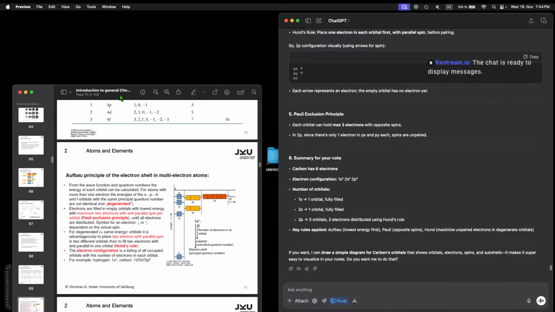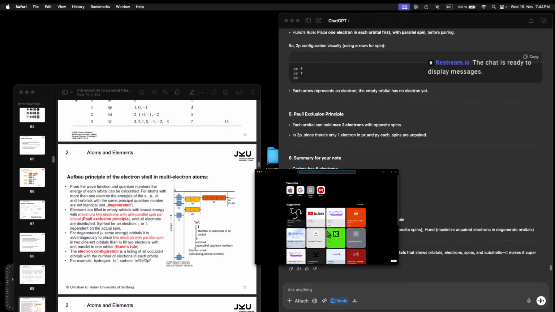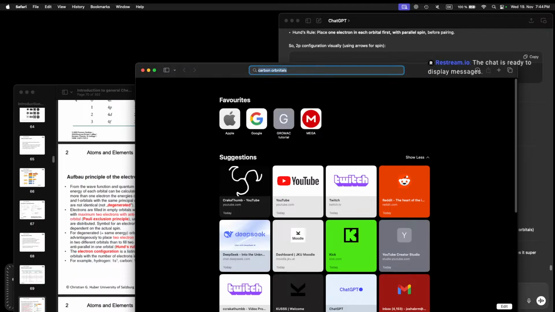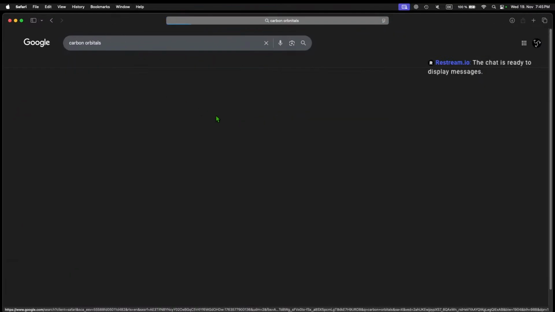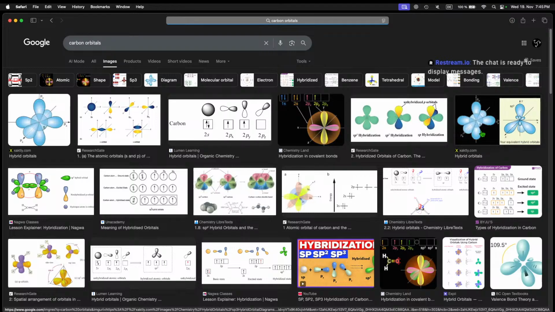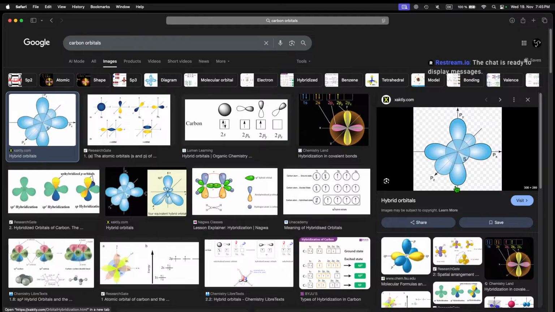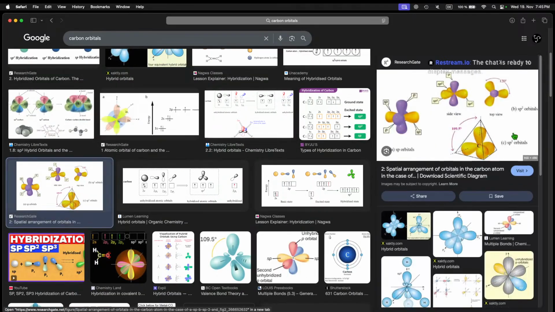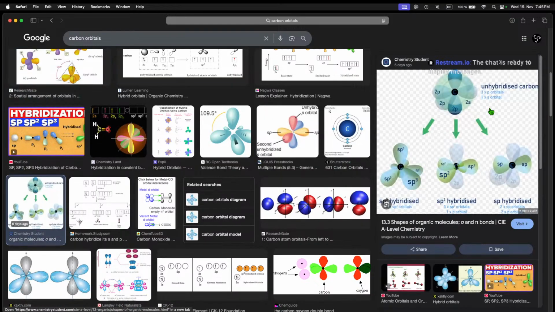Let me search online for carbon's orbitals. Unhybridized carbon. The inner one is 1s.